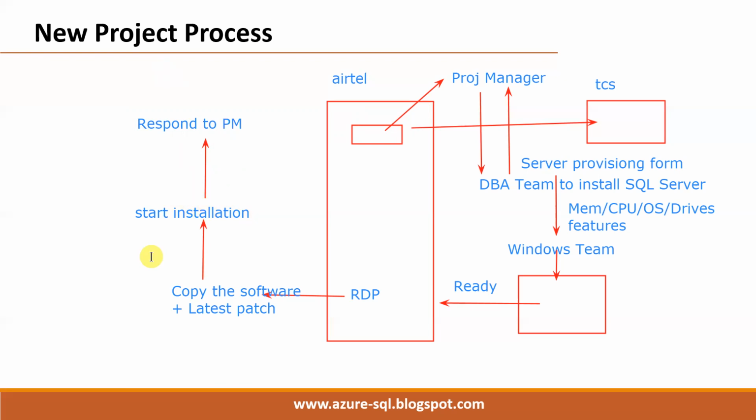Directly nobody will ask you to install SQL Server. Install means which version, which edition, which server, and which type of installation. We decide everything using the project questionnaire form shared by our project manager.